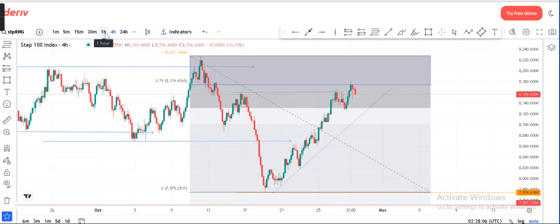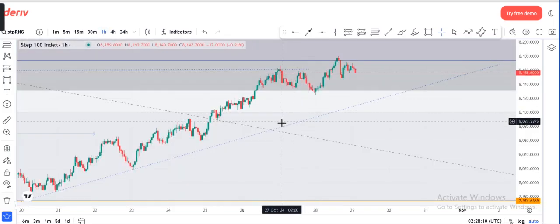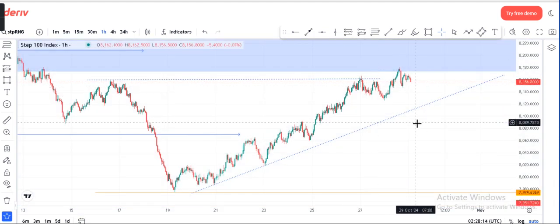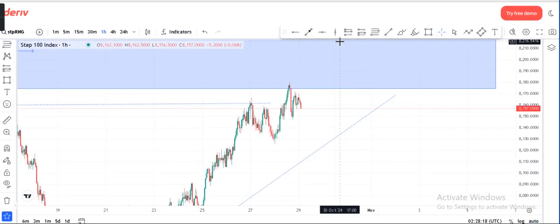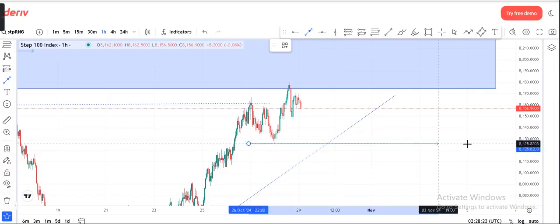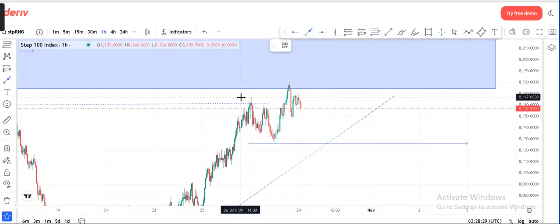So what we'll simply do, we'll go to the smaller time frame. So on the smaller time frame, we are able to now get to understand the structure. Now on the smaller time frame, this is the main level we're looking out for break of structure, and this is another level we are looking out for our new liquidity.